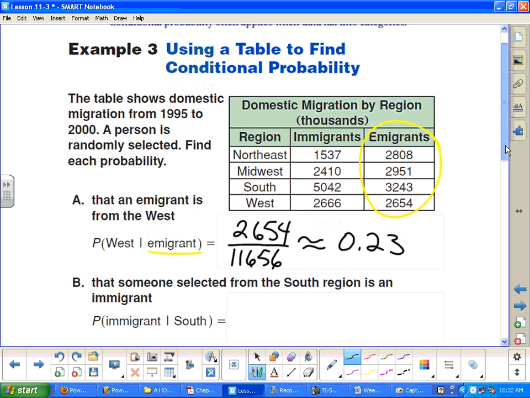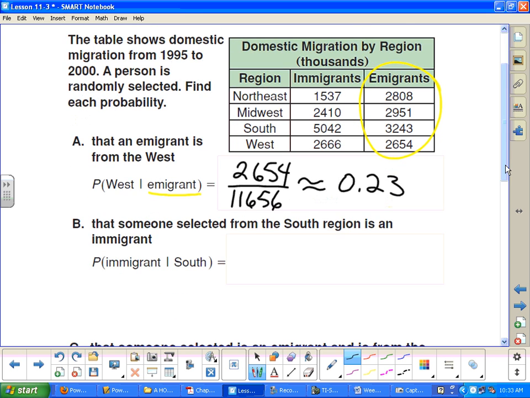Let's get rid of my highlight here. What did you say? 0.23, right? Now, the probability that someone selected from the South region is an immigrant. So we're going to focus on the South first, and then find the immigrant.